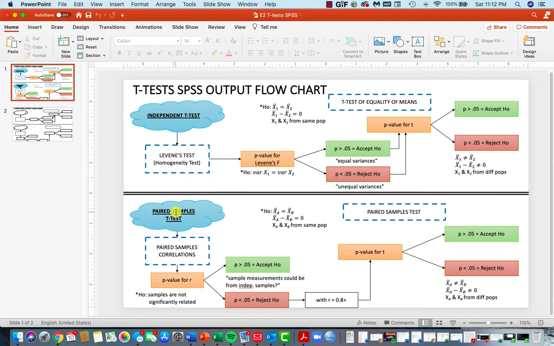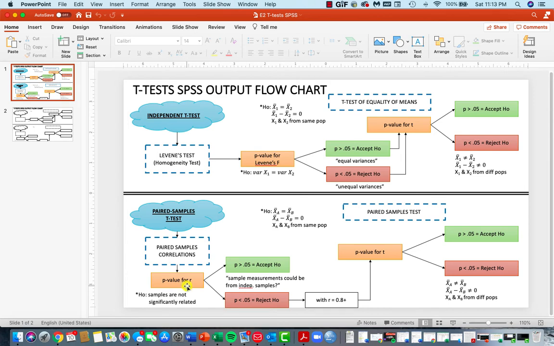For a paired samples t-test, this is when we have a within subject design, right? We have to look at our paired samples correlations first. Okay, so we'll get a p-value for R, which should be significant in most cases.